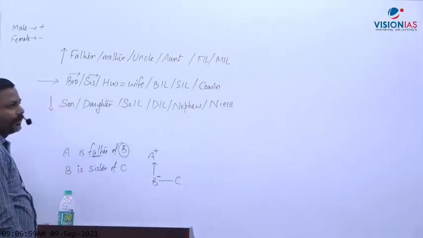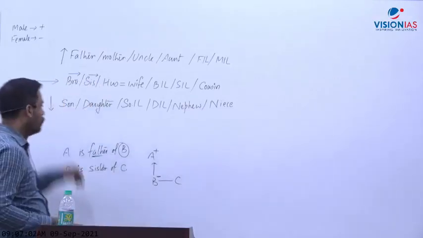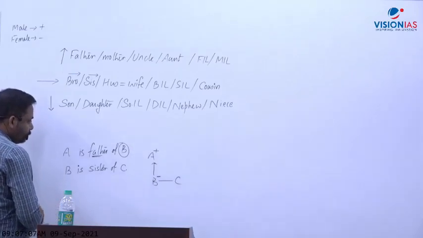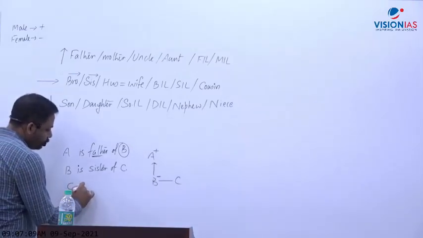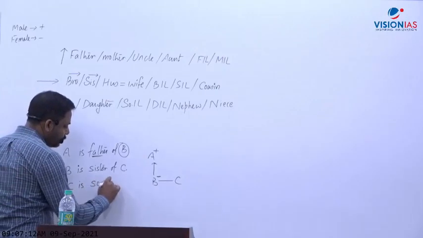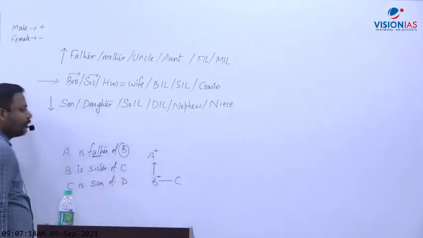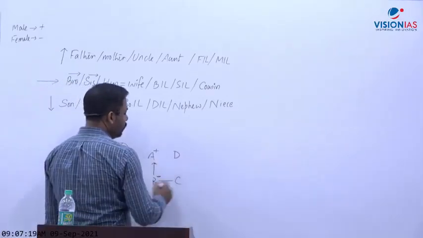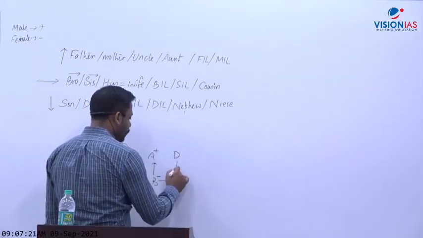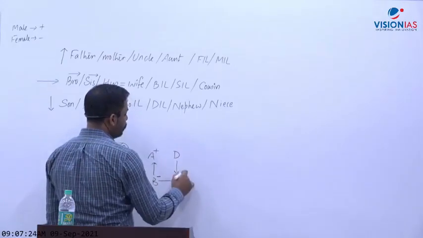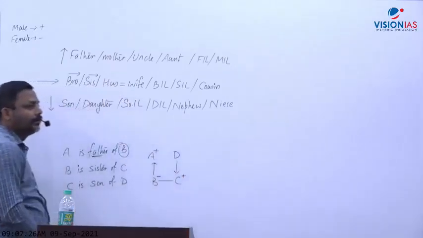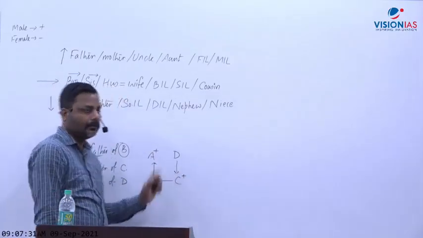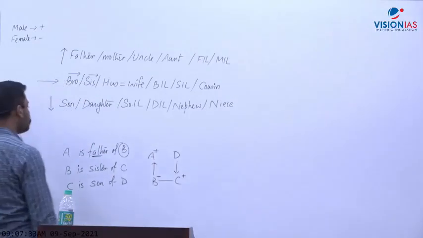So for going one generation junior, we will go downwards. Like, let's say C is son of D. So we will put D, and one generation below, for going one generation below, we will go downwards from D and put C. So C is son. Since C is son, so C is male. So we will put plus sign over here.